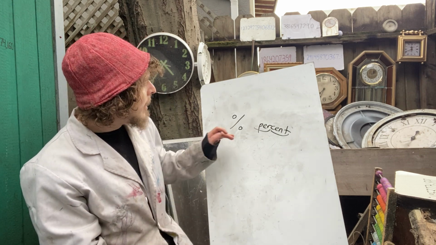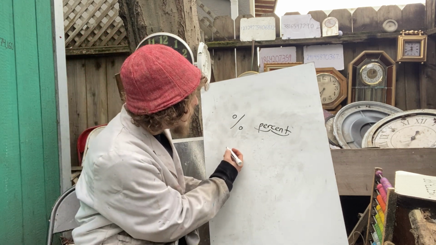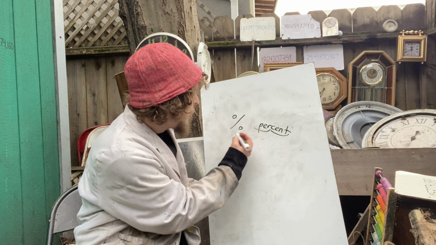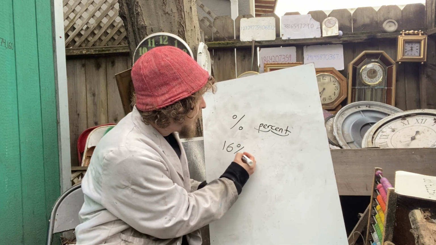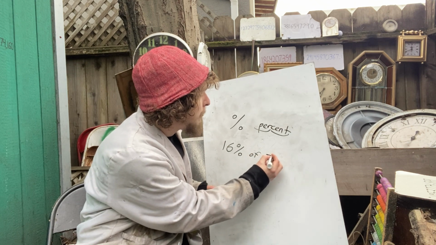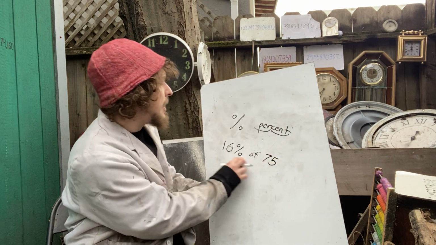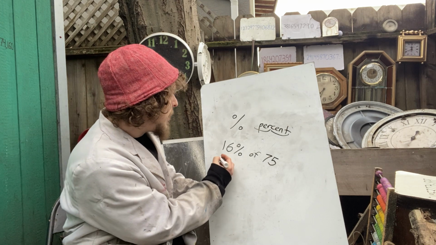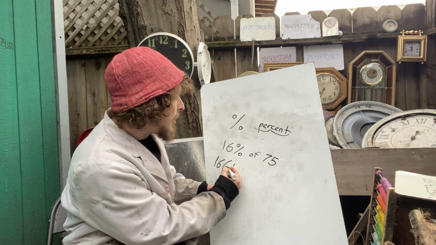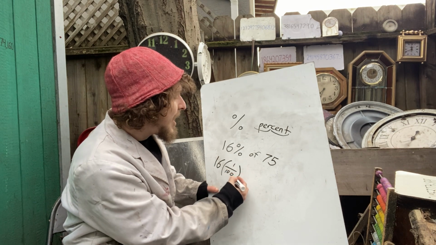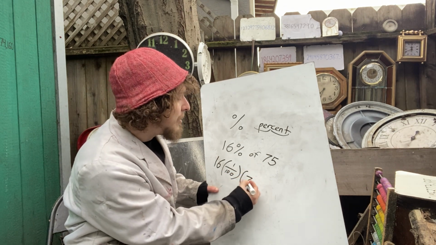And if we see how it's commonly used, like if we were asked, what is, say, 16% of 75? What this really means is, what is 16 times a 100th times 75?